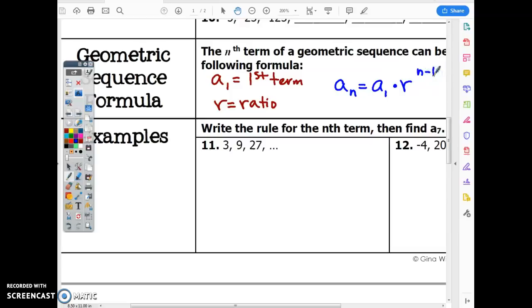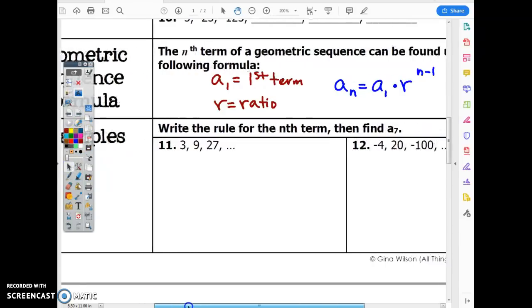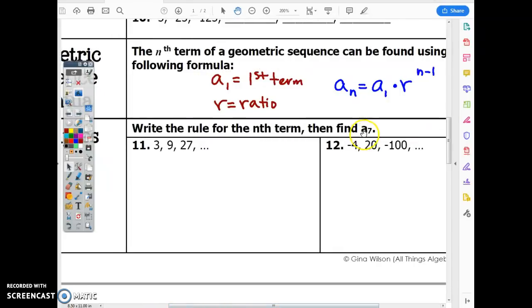Again, I told you it's not a pretty formula. So how do you use it? You would use it for the next problems, because the next problems are asking you for the 7th term, A sub 7. So instead of doing it all the way up to 7 times, we're just going to use the formula, and it's going to take you straight to the 7th term.